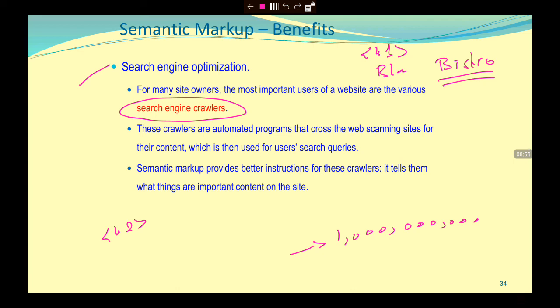This needs to be a main heading. This is a subheading. This needs to be a paragraph. This needs to be a list of items where the order isn't important. This is something that I'm quoting from somewhere else. That's what you need to be focusing on. You shouldn't be thinking about, I want the font size to be like this, I want this to be bold, I want this to be italicized. These are the wrong questions to be addressing using HTML. These you can address later on by using CSS.